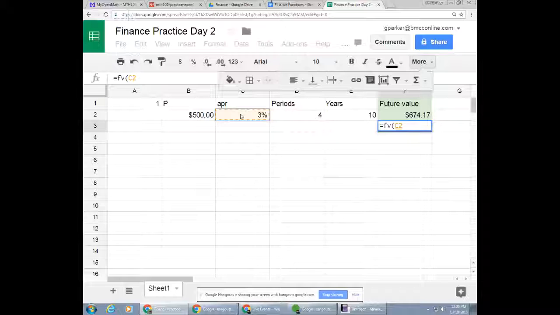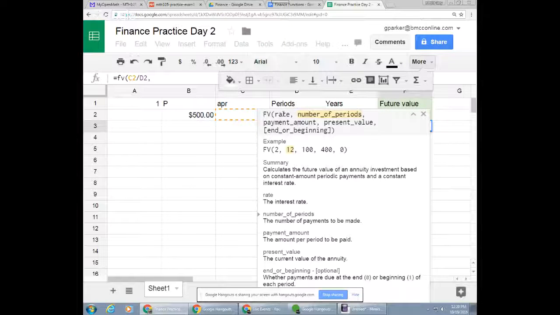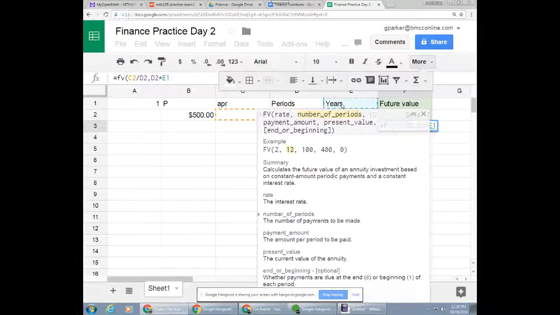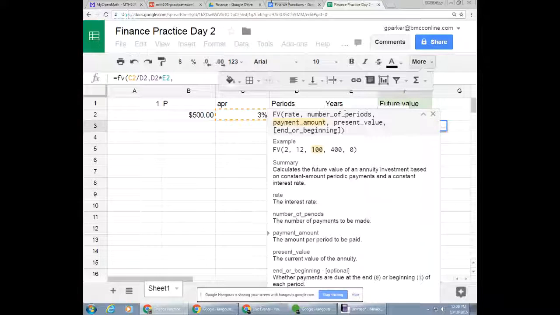I divide by 4, so since 4 is already on the screen, I can just hit divide and click on where the 4 is, comma, number of periods, that's like our exponent. So then I can just click on the periods times the years, comma, how much am I paying each month?